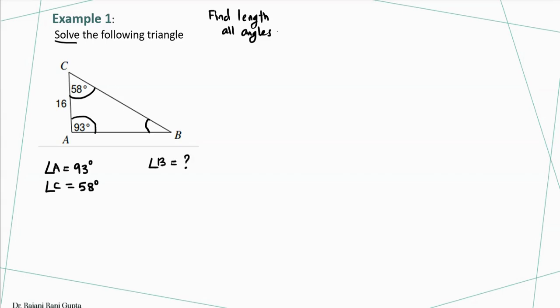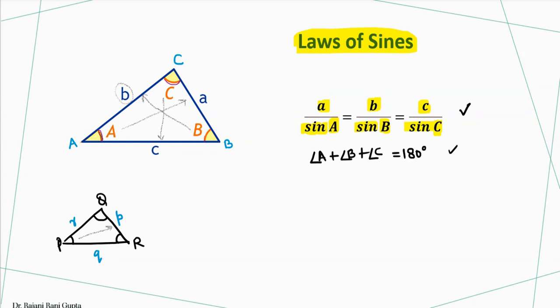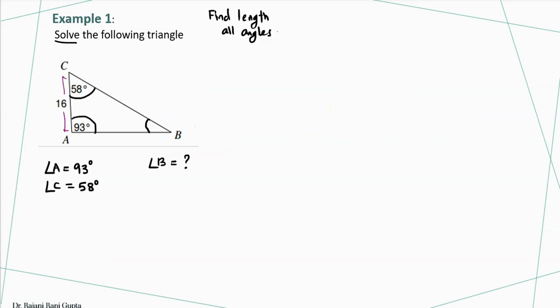Okay, let's see what else is given. They give you the measurement of side AC. So comparing it with this triangle, the side opposite to angle B, we call it b. So if we look here, this side AC, 16, is opposite to angle B. So this is nothing but the length b.